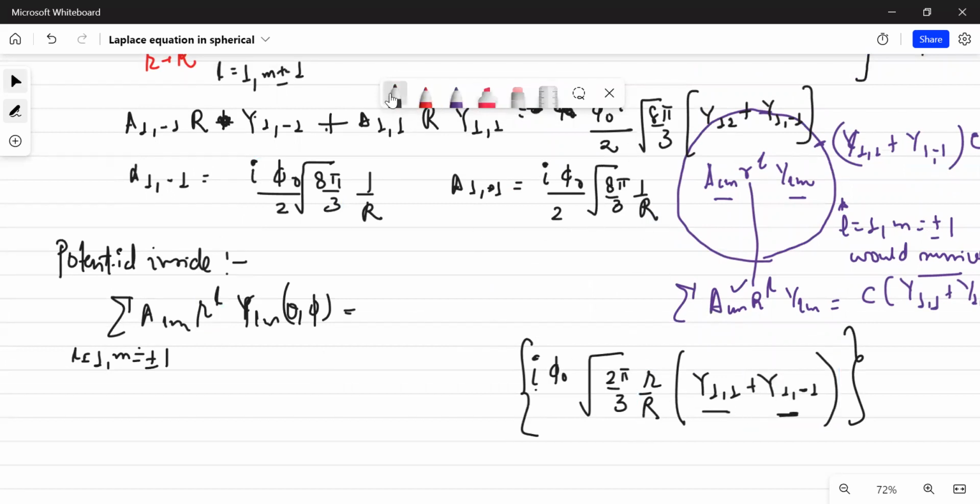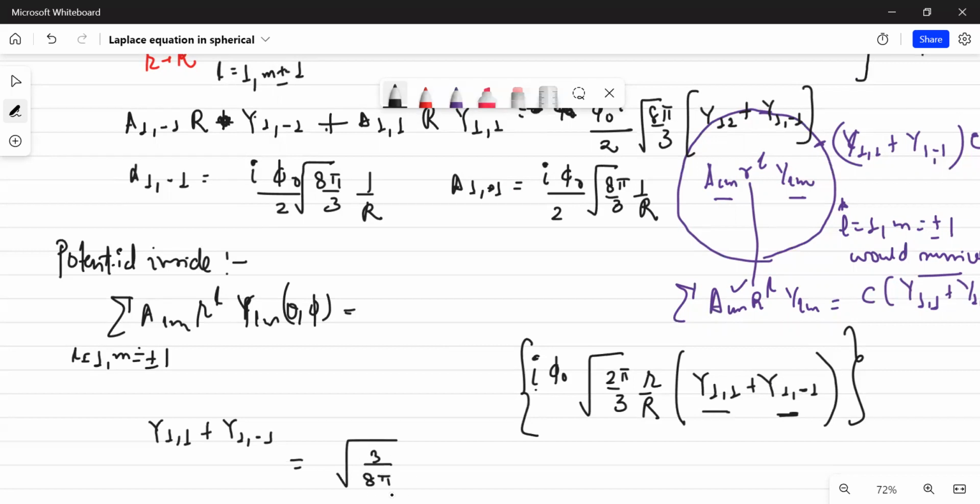And if you want to again solve more thoroughly, then देखो, y11 and plus y1 minus 1, ये क्या होता है जल्दी पता करो. y11 कितना होता है? रूट ओवर कितना होता है? सम 3/8 पाई ऐसी कुछ होता है.